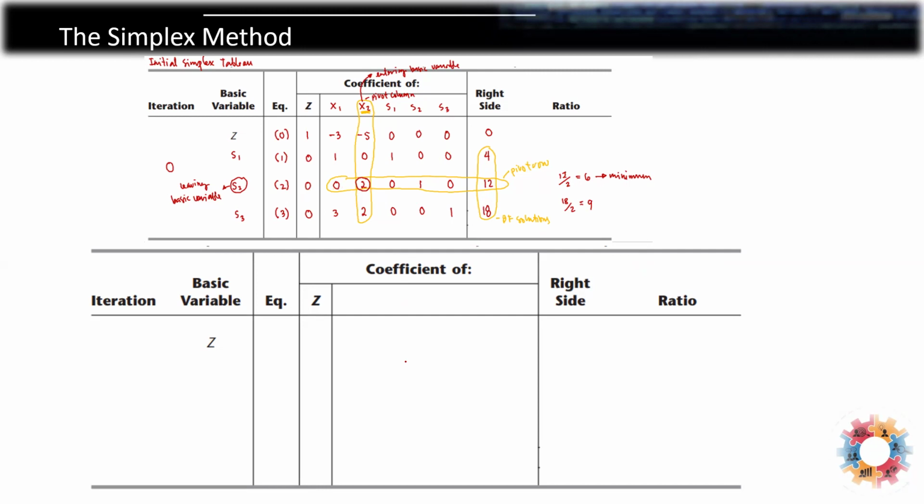The new pivot row is obtained by dividing each entry in the pivot row by the pivot element. Now, remember the pivot element. Your pivot element is the element which lies on the intersection of the pivot column and the pivot row, and that is equal to 2, okay?